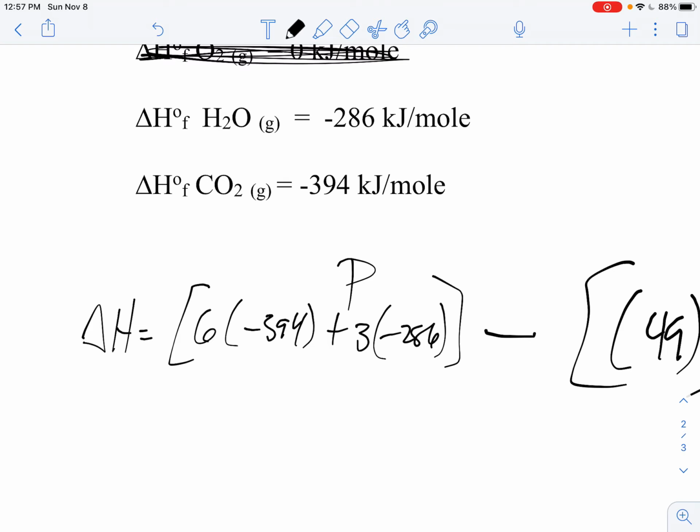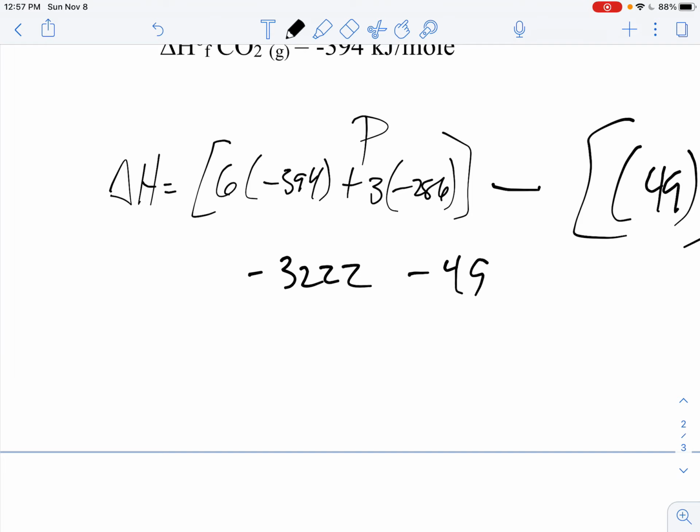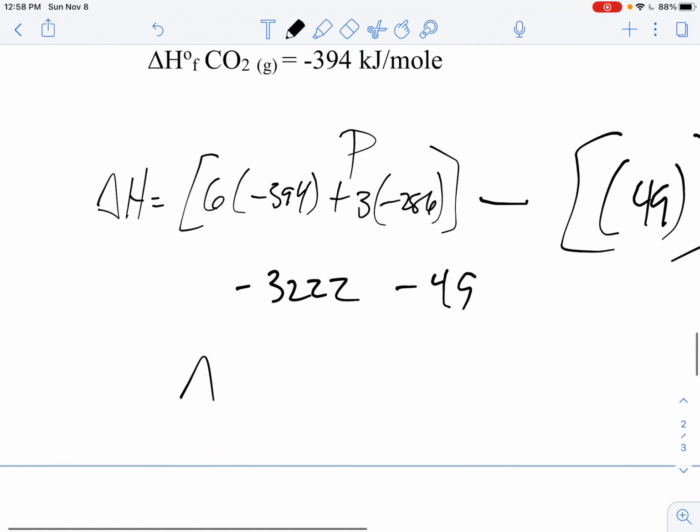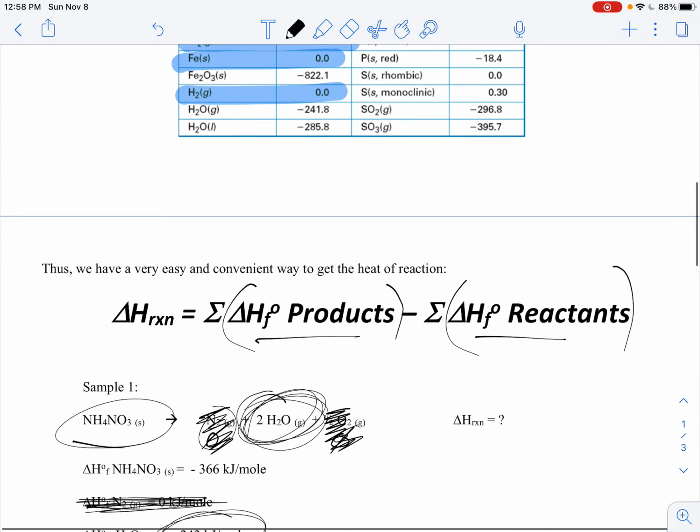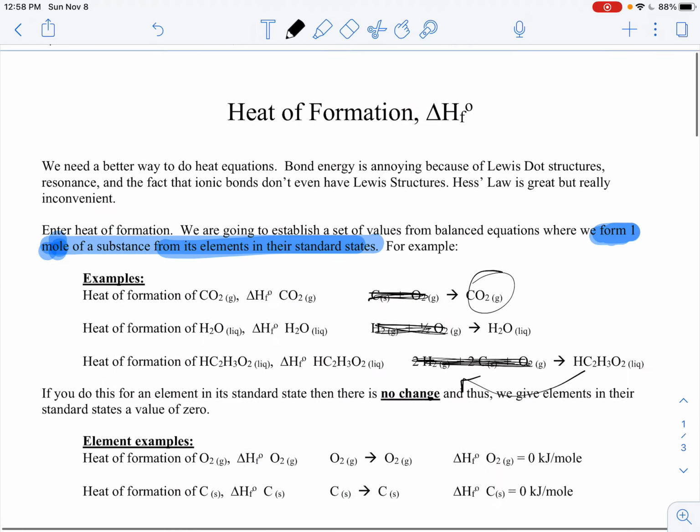I've got 394 negative 6 times, and then a 286 and another 286 and another 286 that I'm adding the negative values of. So that's negative 3222, and then I'm going to subtract 49 from that, and I get negative 3271. So my delta H for this is negative 3271 kilojoules per mole.